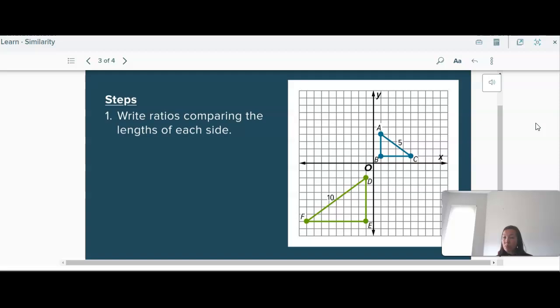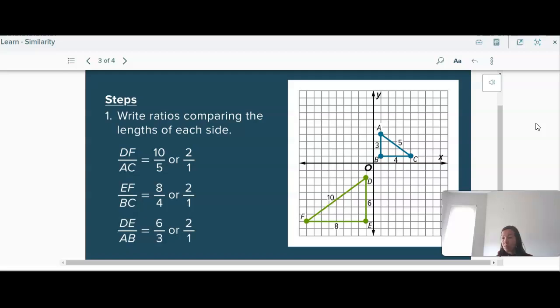The ratio of side DF to side AC is 10 to 5, or 2 to 1. The ratio of side EF to side BC is 8 to 4, or 2 to 1. The ratio of side DE to side AB is 6 to 3, or 2 to 1. The ratios are equal. So triangle DEF is the dilated image of triangle ABC using a scale factor of 2.